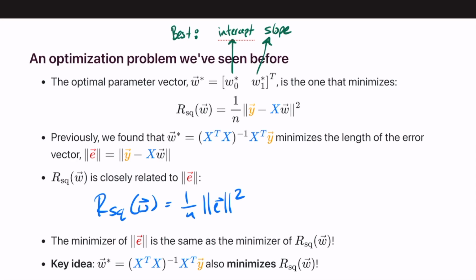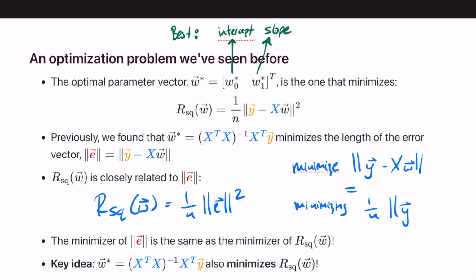And the minimization of this mean squared error is going to be the same as minimizing the length of the error vector. So if we minimize the length of the error vector, it's the same as minimizing 1 over n times the length of the error vector squared.